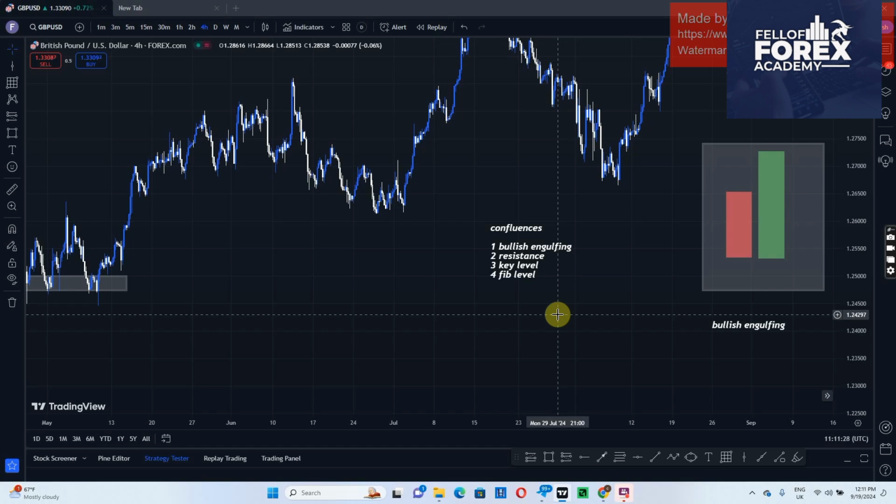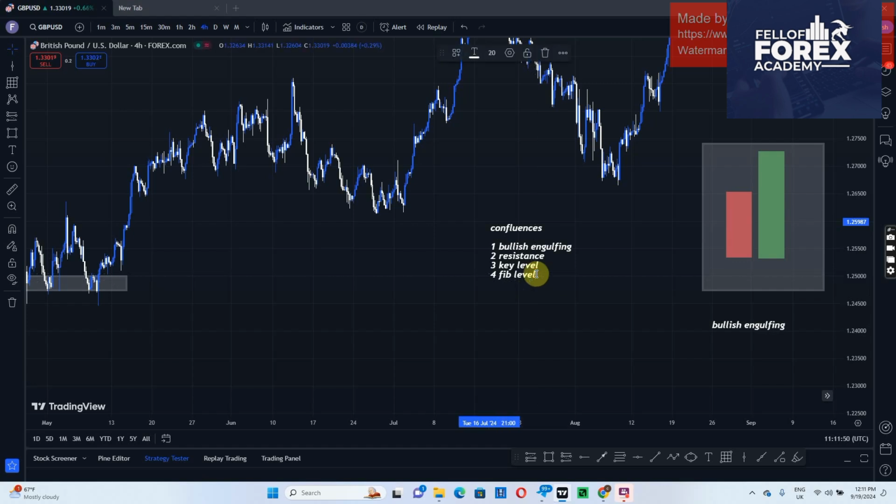If we have 2, it's still a good setup for us to take a trade. If we have 3, that's good, and a perfect one is when we have 4 confluences. Okay, so we can as well add the 5th confluence to make it easy.